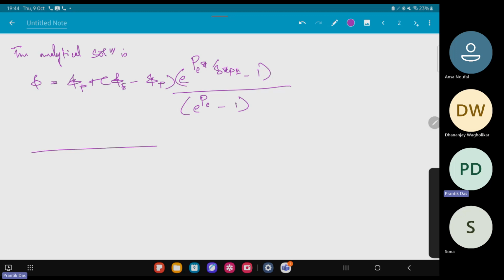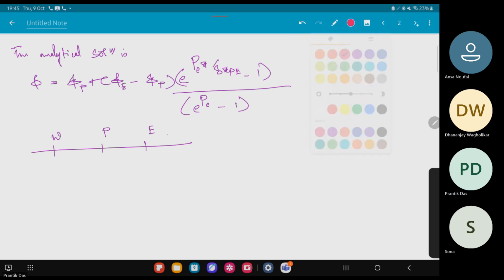If I draw the domain again, this is capital P, this is capital E, and this is capital W. This is small w, and this is small e.